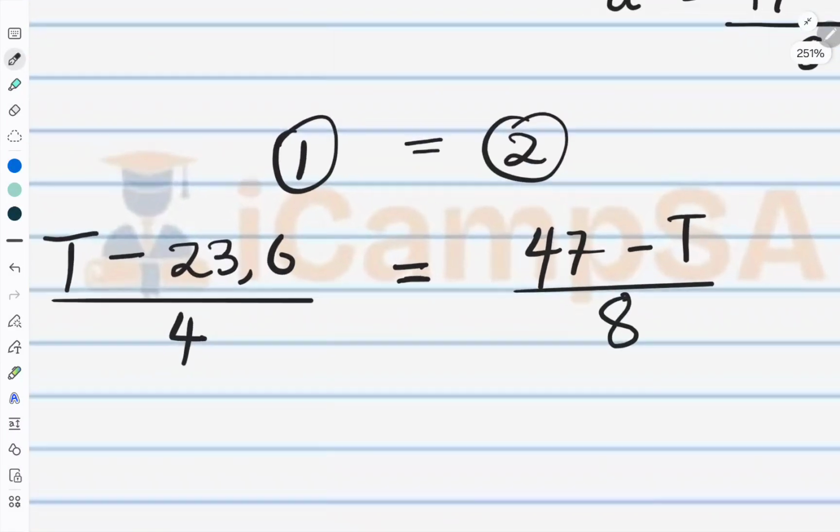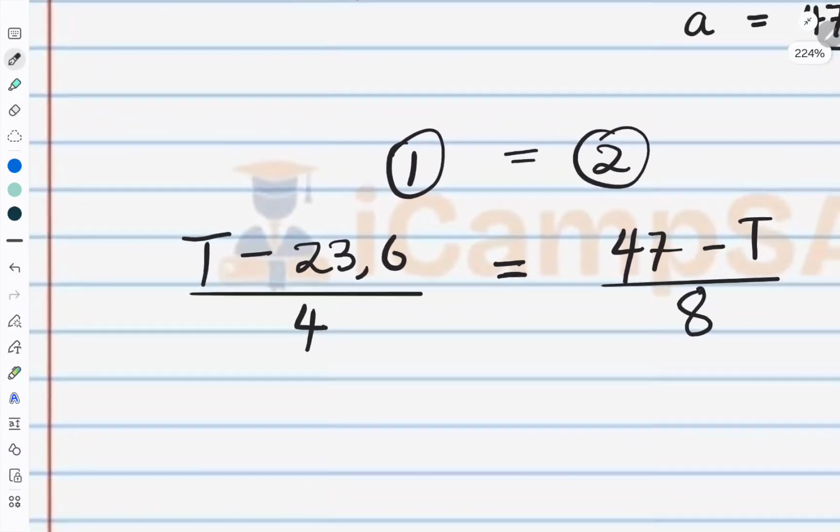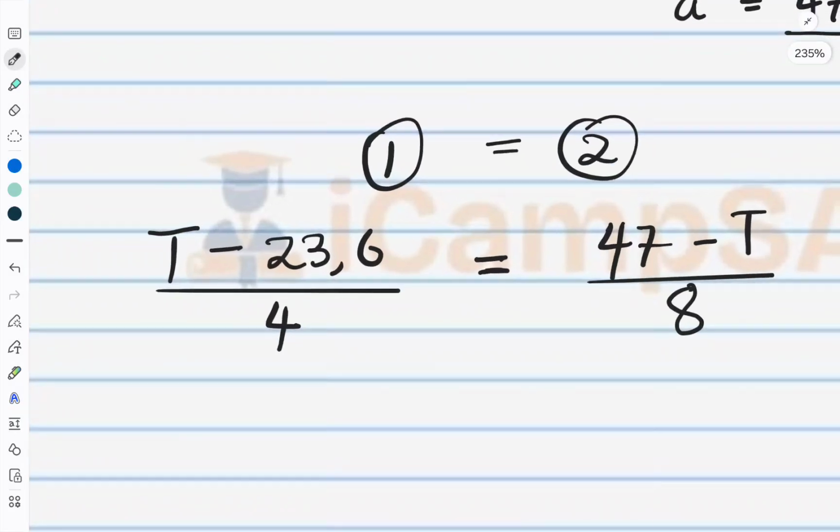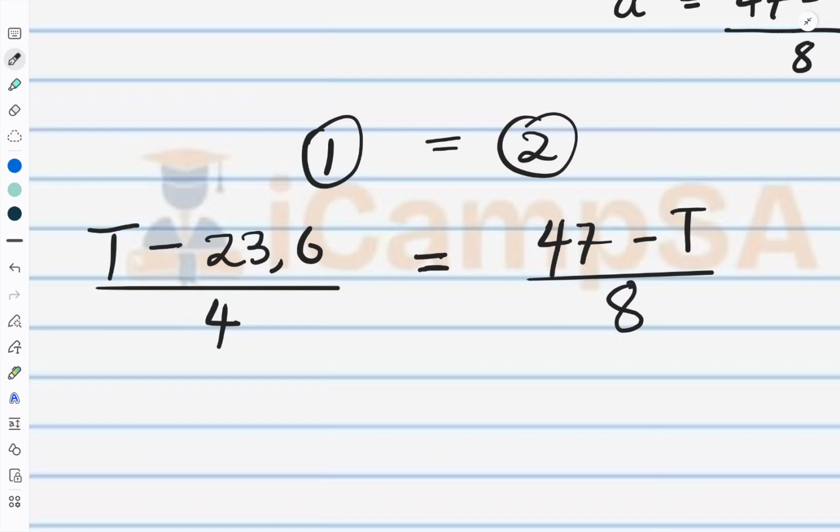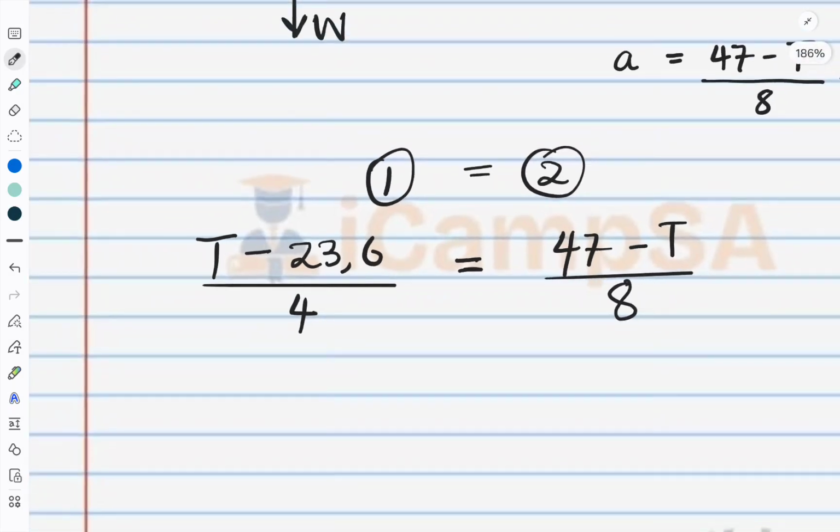So going forward from here, it's all just mathematics. What you can do is, I usually pick the side that's easier to manipulate. So for here, I'll just multiply by 8 over 1 so that I get rid of that 8.